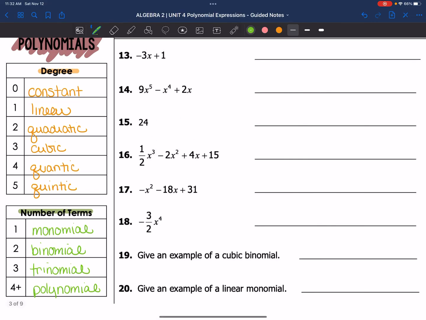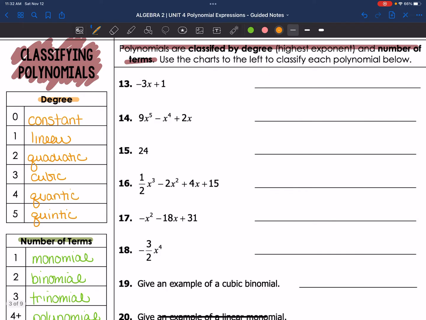So let's go ahead and begin to identify what we would classify each of these as. Let's begin with their degree. Let's look at the highest power that we've got here. This is my term with the highest power. It's just an x, maybe with an understood power of 1, a degree of 1.